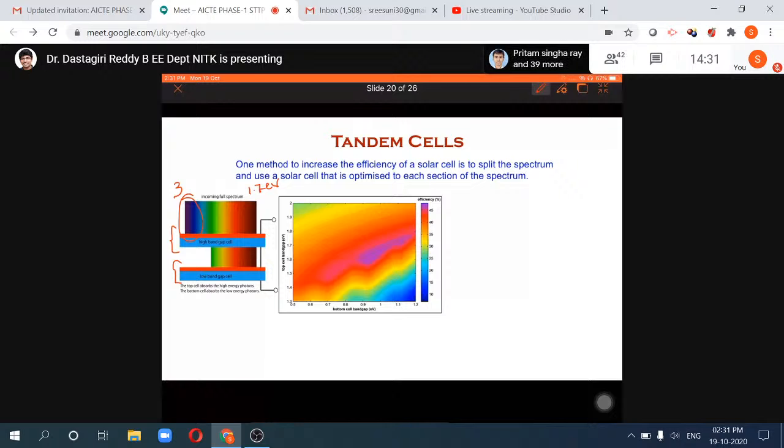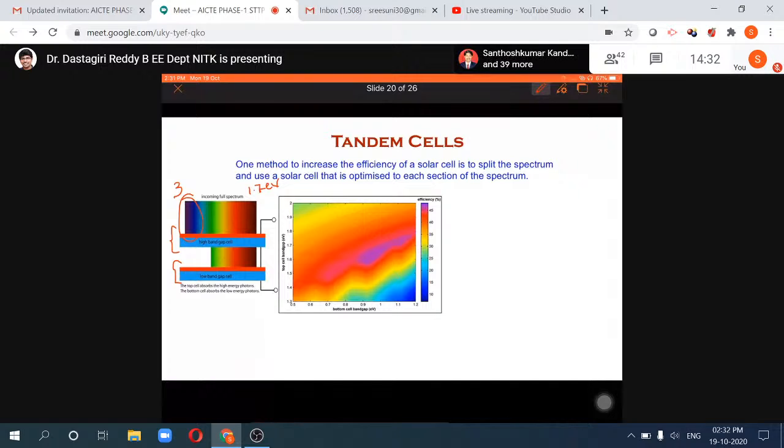Like I said, even for one junction, the thickness will be in micrometers. If you are going for multiple junctions, then you have to worry about the thickness of the PV panels, the diffusion length, and the collection probability, everything. So it is very, very tough to come up with a multi-junction cell.